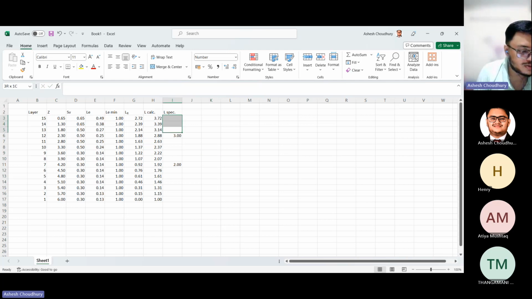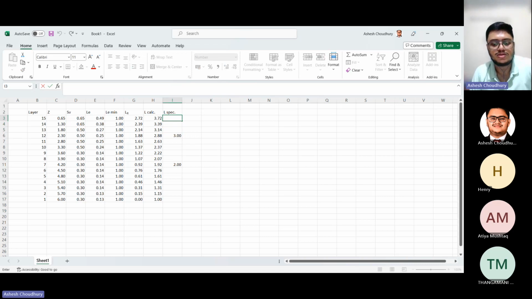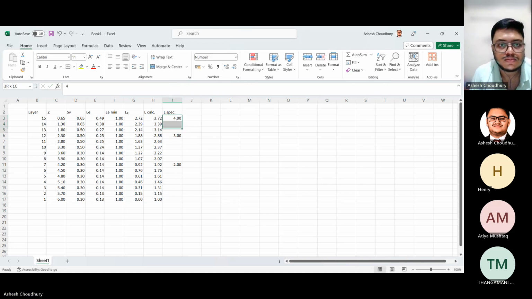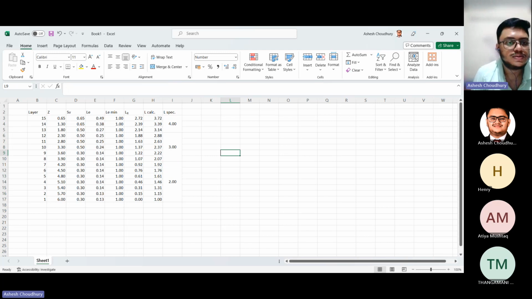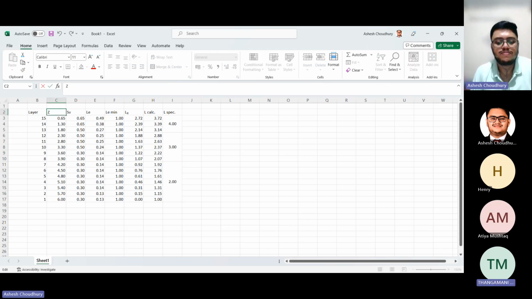And for the top three layers, we can provide 4 meters. So this actually completes the design part.